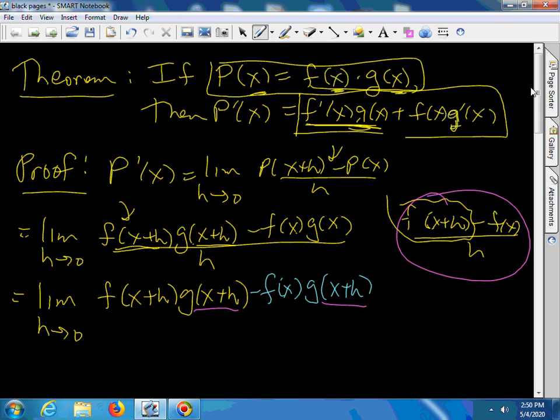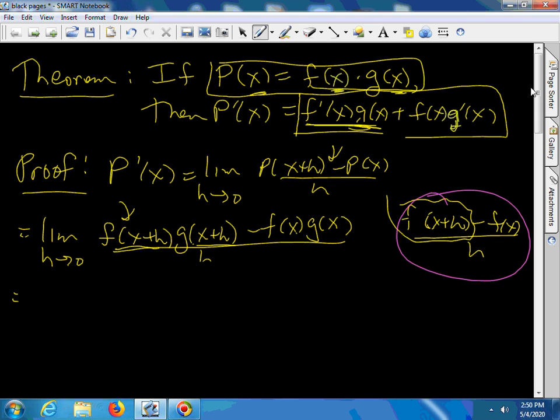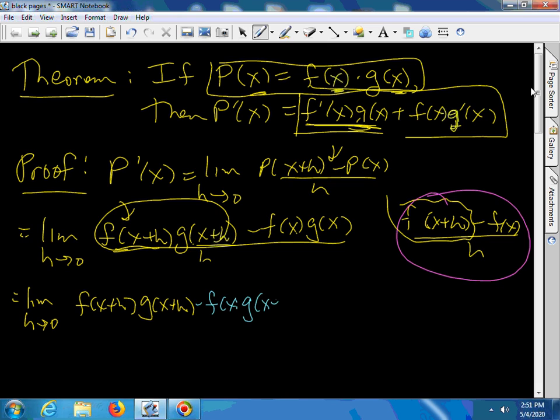I'll have this. Okay. So I have the limit as h goes to 0. I'm going to write down this piece. And then out of nowhere, I admit, I'm going to take away f of x times g of x plus h.